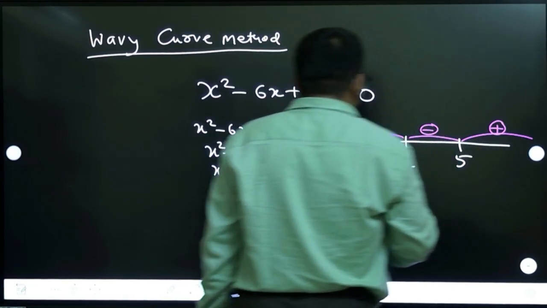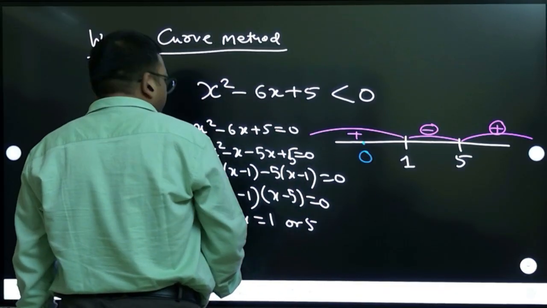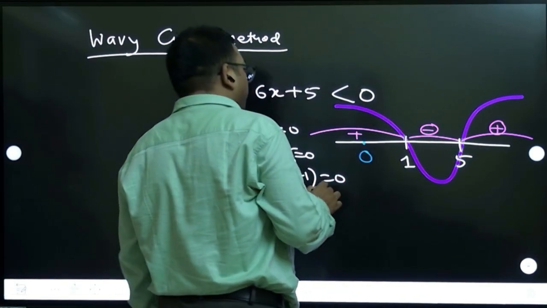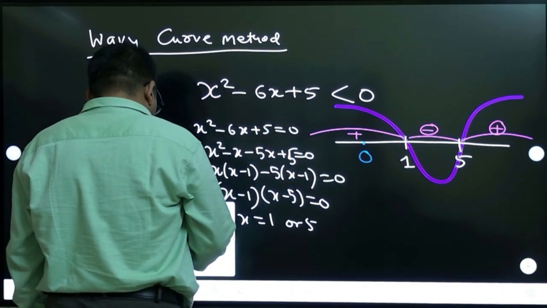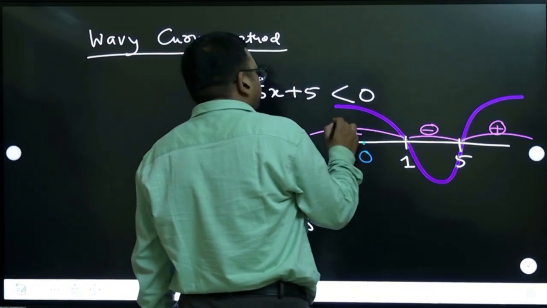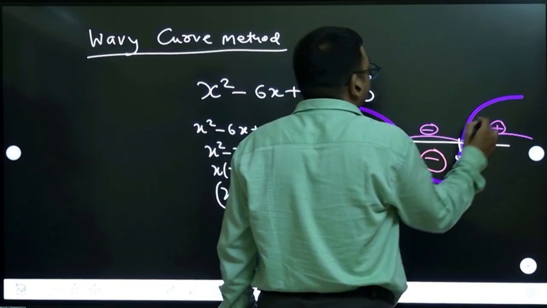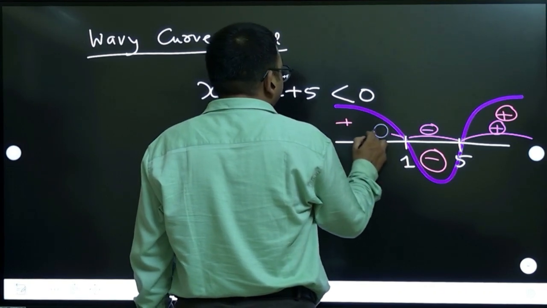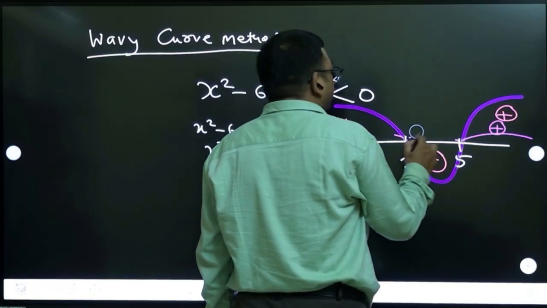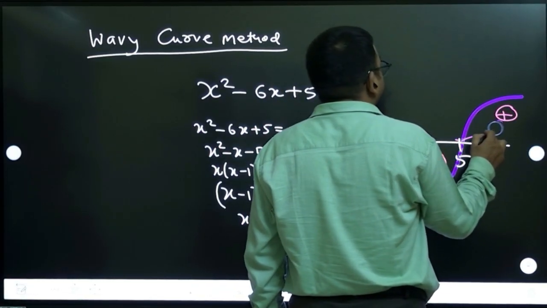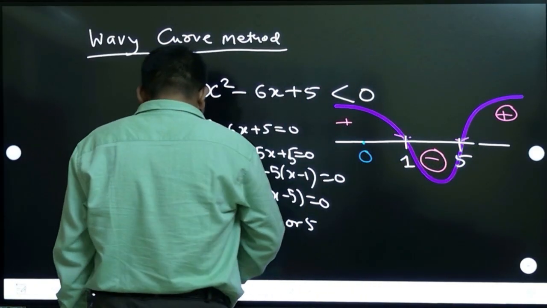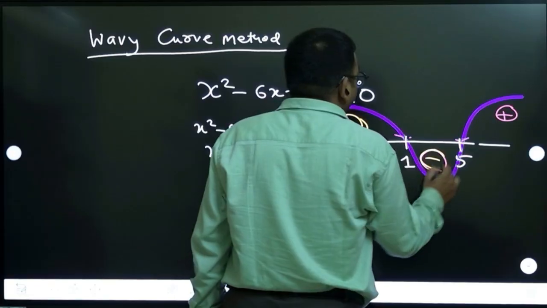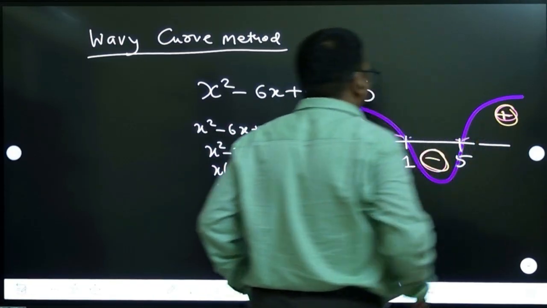So the wavy curve method means we can draw it this way: positive, negative, positive. On this side positive, in the middle negative, and on this side positive. If you want, you may remove this part if it is not required, but this is how positive and negative are decided.